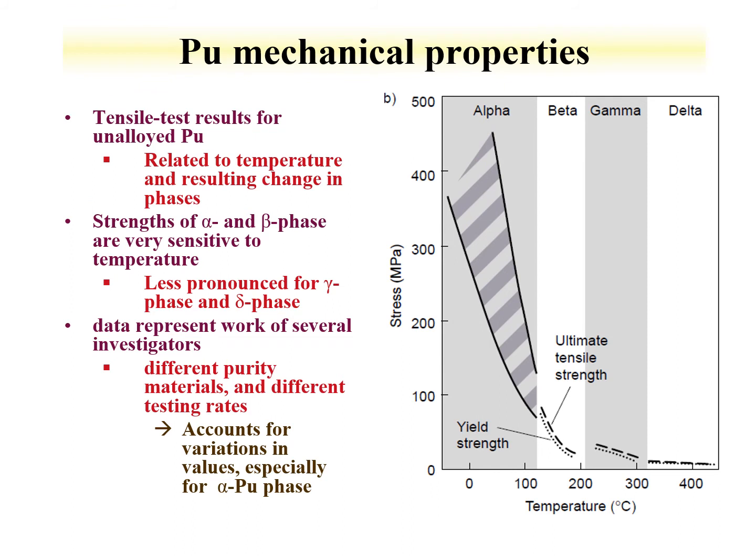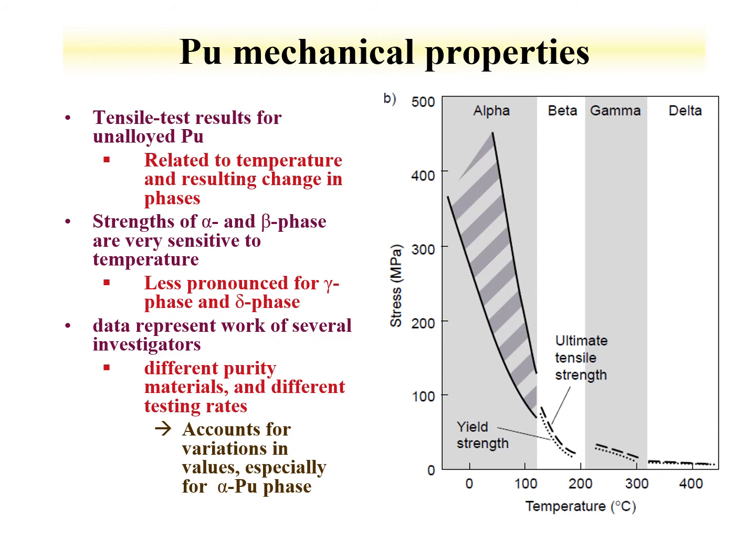The influence of temperature on the strengths of plutonium phases has been examined, and it's found that the alpha and beta phases are very sensitive to temperature, as we see that the stress changes dramatically as a function of temperature, whereas for the gamma and delta phases over here, there is a less pronounced change.